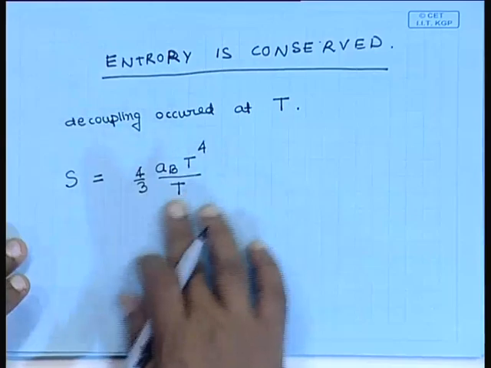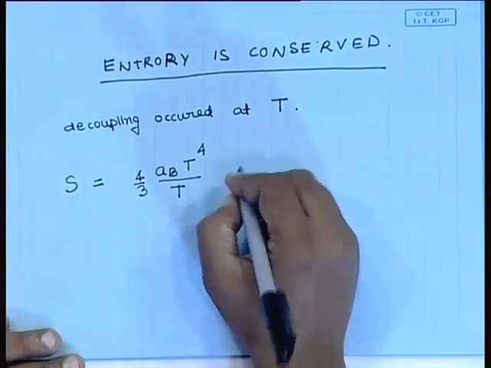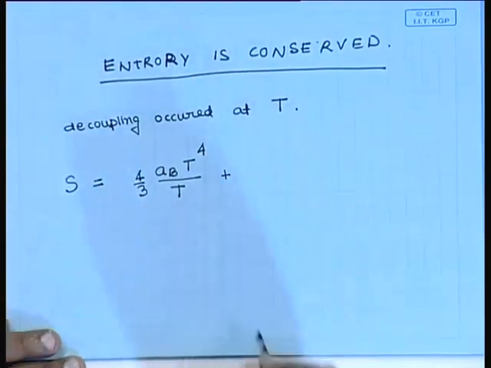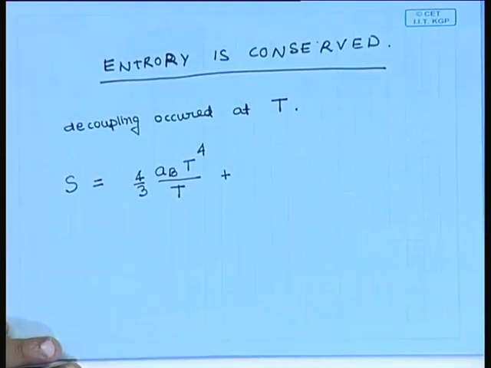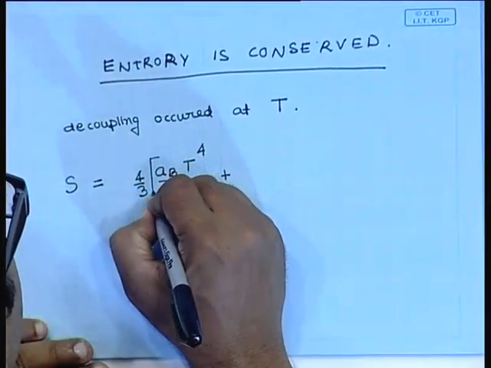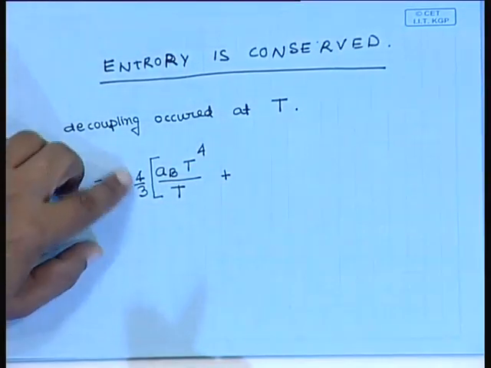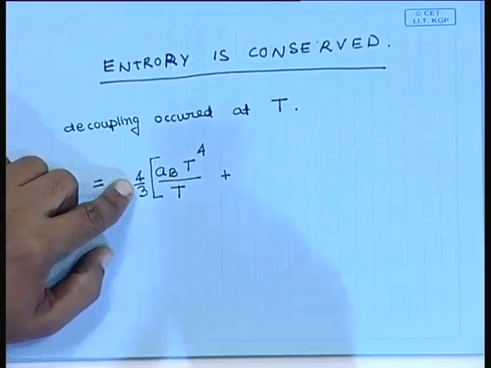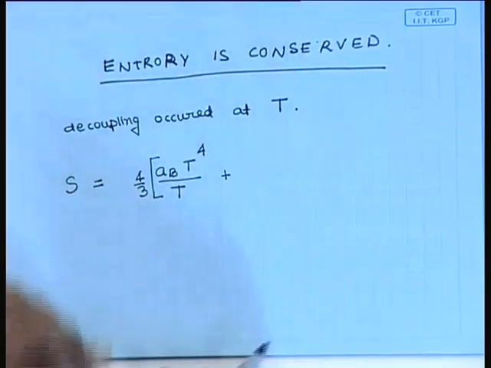So, this is for the photon fluid and we also have a contribution from the electron positron pairs, and the electron has got 2 spins, the positron has got 2 spins, right. So, there is a factor of 7/8. The 4/3 comes because d internal energy by T from there.